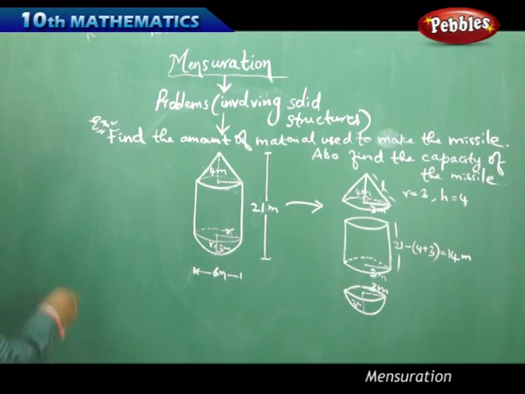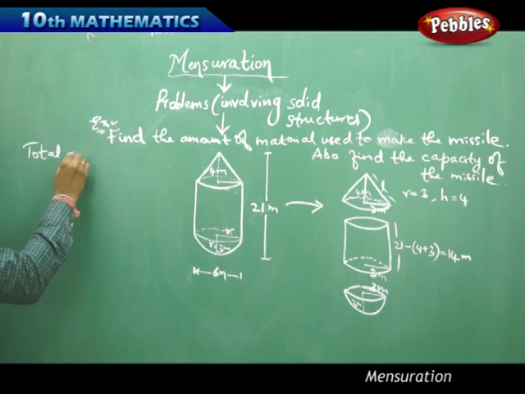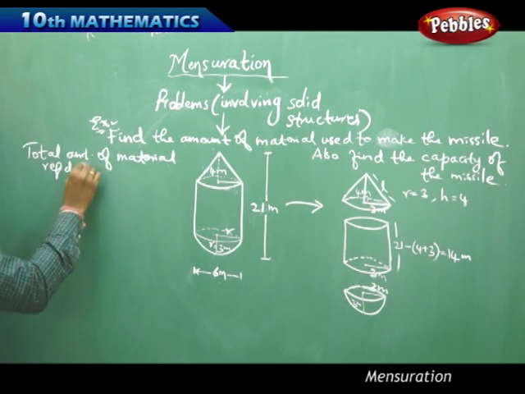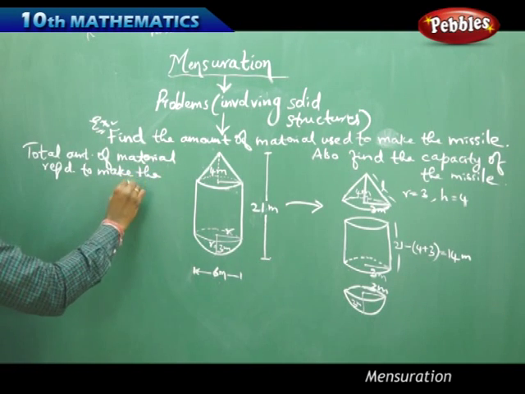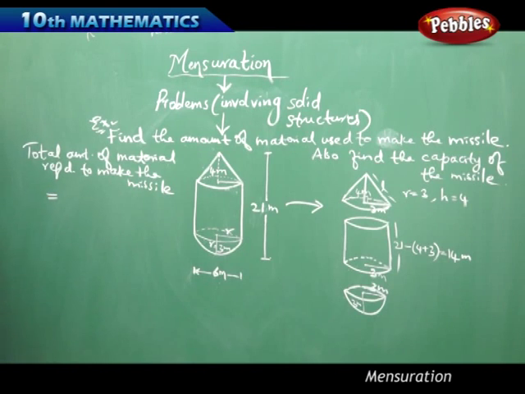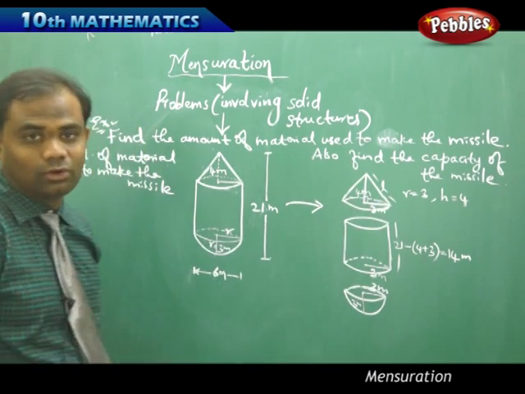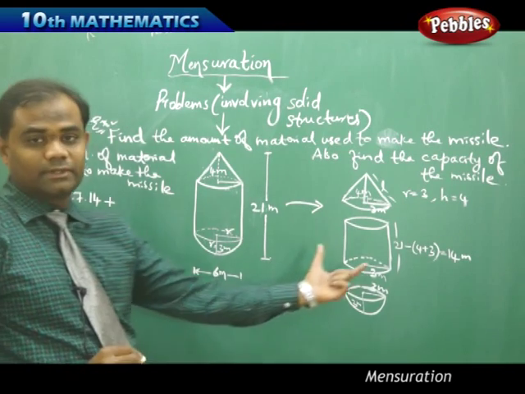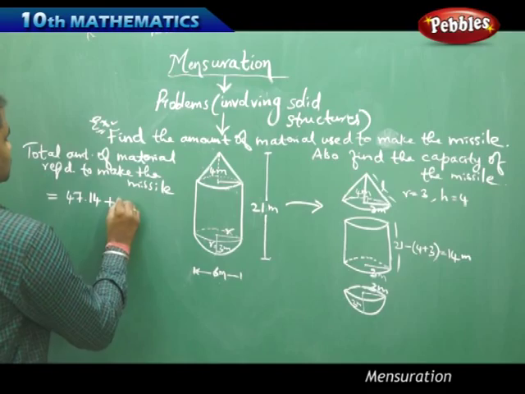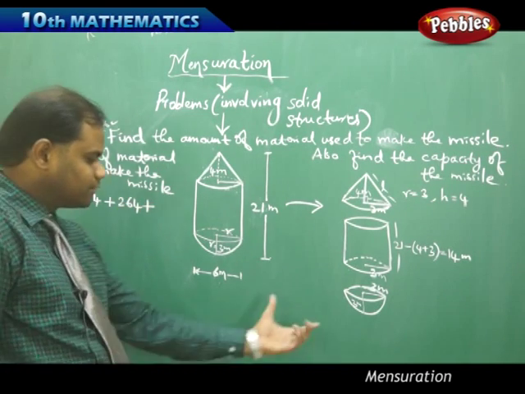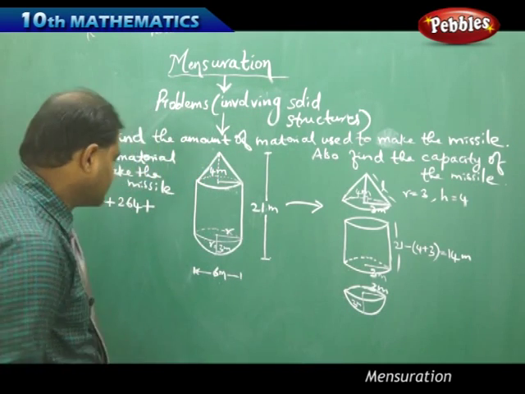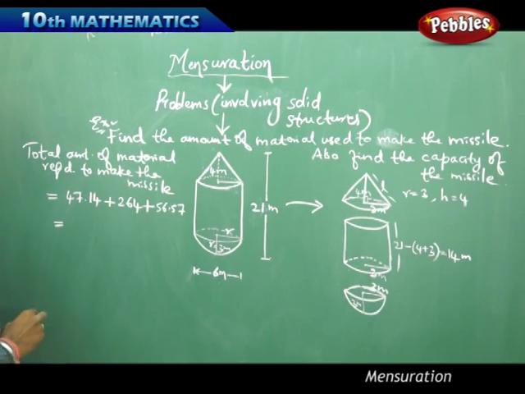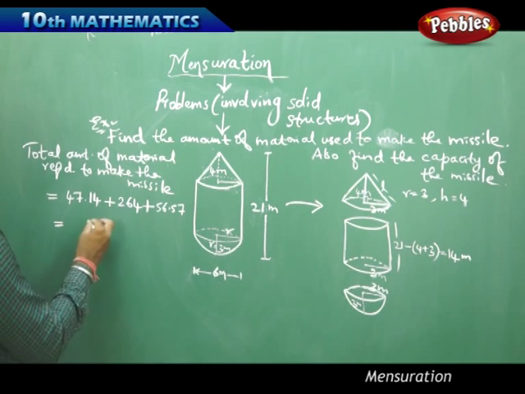The total amount of material required to make the missile is nothing but the surface area obtained for the cone, 47.14, the surface area of the cylinder, which we obtained as 264 meters square, and the surface area of the hemispherical region, the third region, which we obtained as 56.57, is what we get in addition. So we need to add each of them, and then we get the answer.